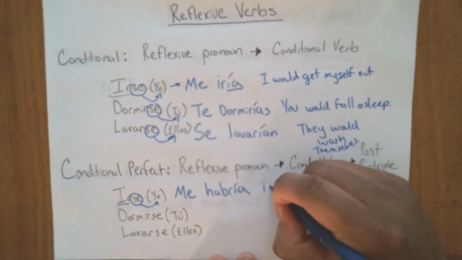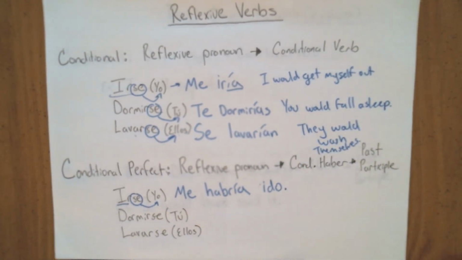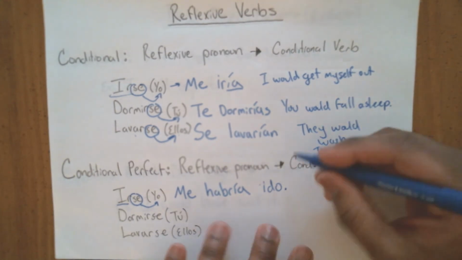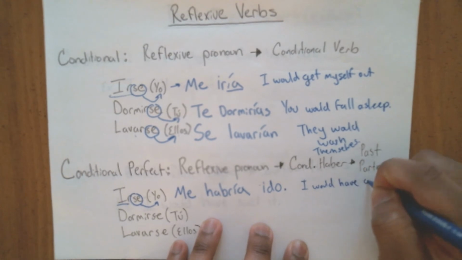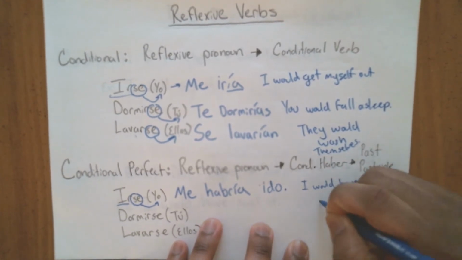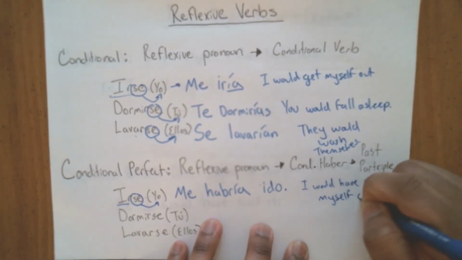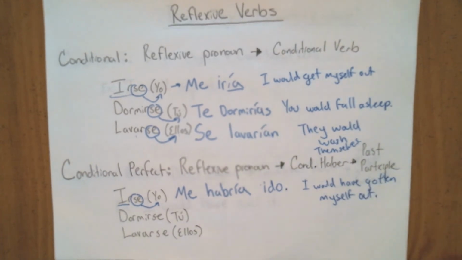That's just ido. Me habría ido, which means I would have gotten myself out. Or said much simpler, I would have left, or I would have fled, okay? I would have gotten myself out.